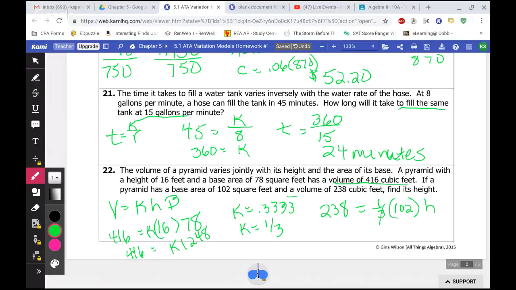You can simplify before you multiply here, because multiplying by 1/3 is the same as dividing by 3. So you've got 34H on this side equals 238. H equals 7, right? Yes. H equals 7.